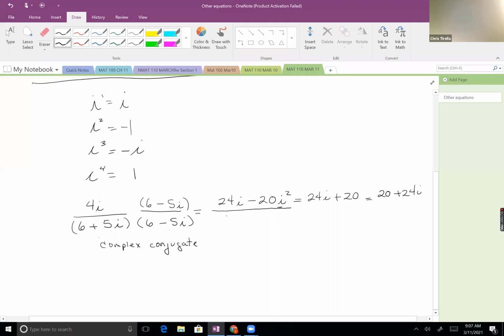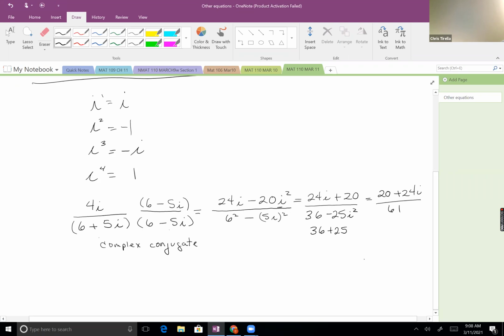It becomes the difference of squares. So it becomes 6 squared minus 5i squared, which becomes 36 minus 25i squared. i squared is -1, so that becomes 36 plus 25, which is 61.